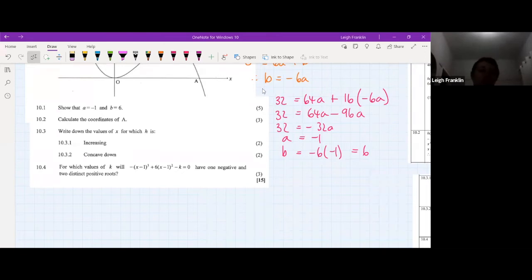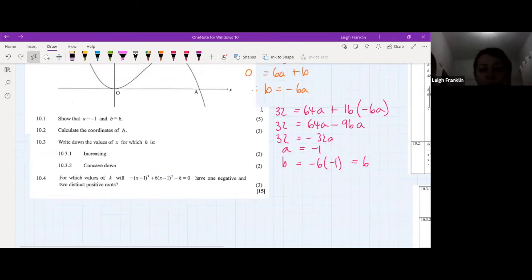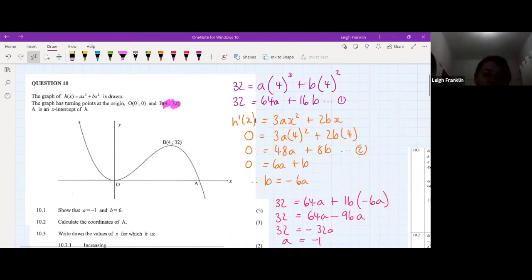I did not use the 6 or the -1 when I started. I made two equations from what I know: subbing the point (4, 32) into my equation, and then working with the first derivative, because the point (4, 32) is a turning point, so the gradient at that turning point is 0. That's how I got started.